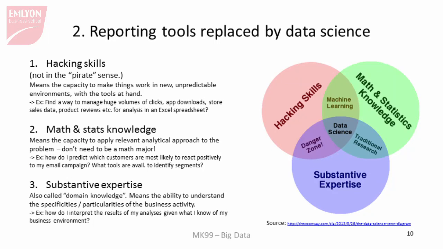But the big talk today is about data science and the fact that the scope of your analytical tools has changed. So data science, you can describe it as the convergence of three domains. The first one is the ability from your analyst to hack. And by hacking, I don't mean pirating.